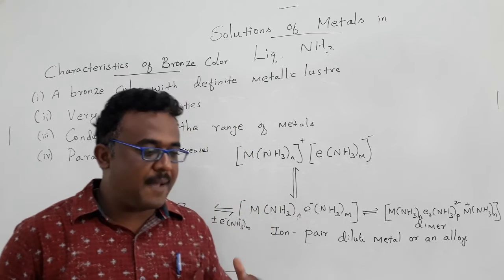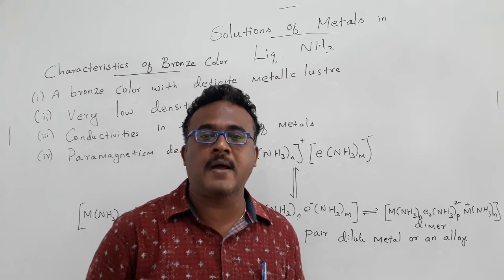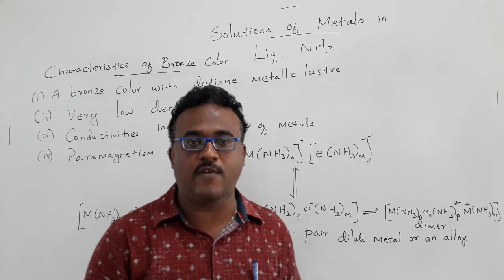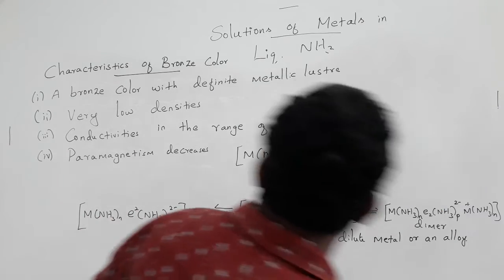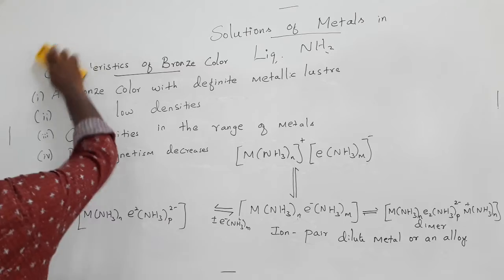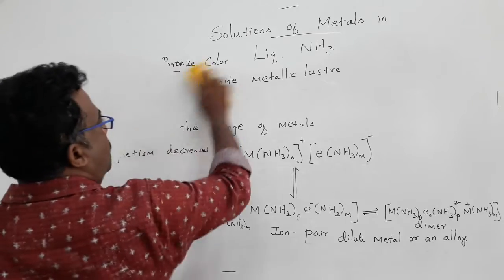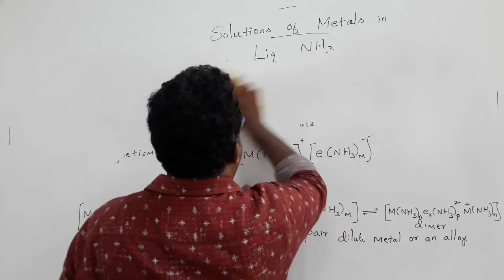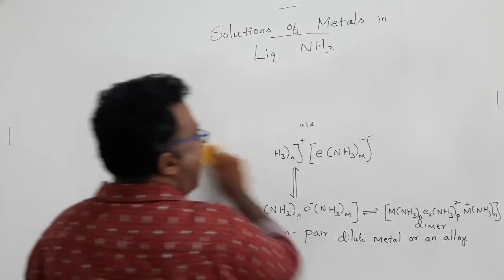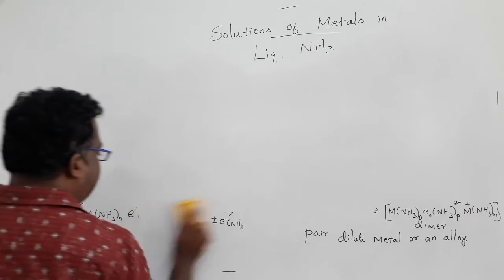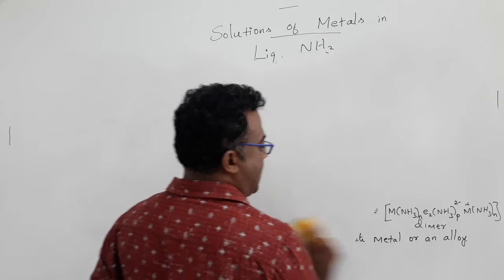Then I am going to add more metal to the bronze color solution. What will happen? The properties we saw in the blue color solution will come back again when you add more metal to liquid ammonia.